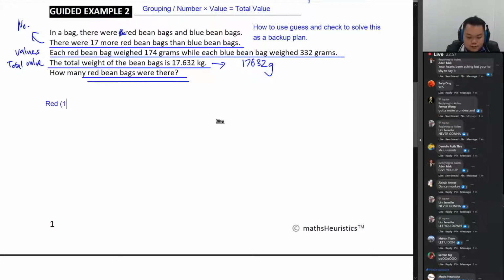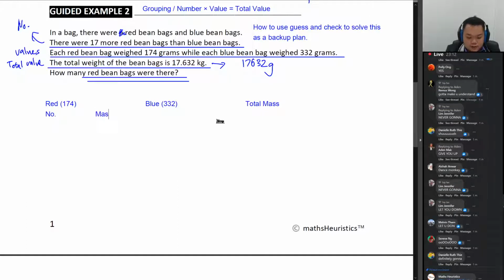Red got 174 grams, blue got 332 grams, then this would be the total mass. This is number of red bean bags, then this is the mass. This is number of blue bean bags, this is the mass. Then after that, the total mass that you want to hit is 17,632 grams. Let me just draw my spacing first.